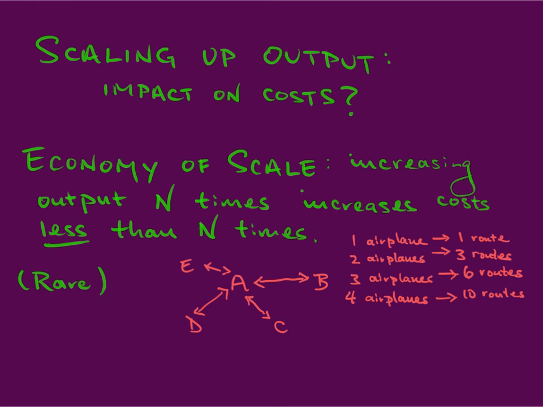And if you look at this picture I've drawn, you'll recognize this is the hub and spoke model that airlines use. You're familiar with almost always flying from two places, from B to D, and needing to change airplanes at one of the airline's hubs.